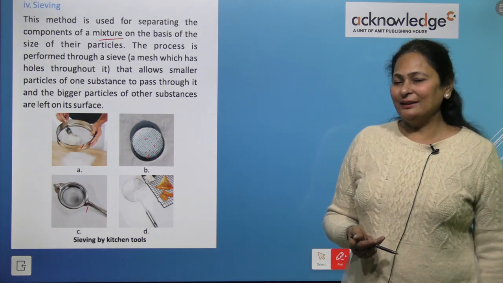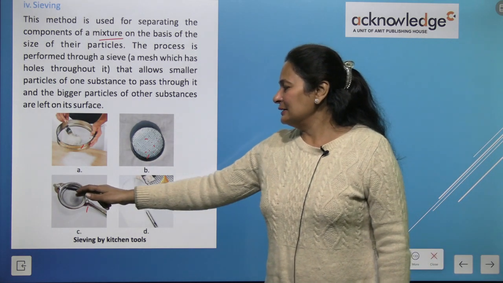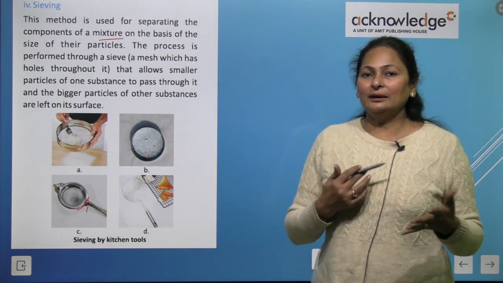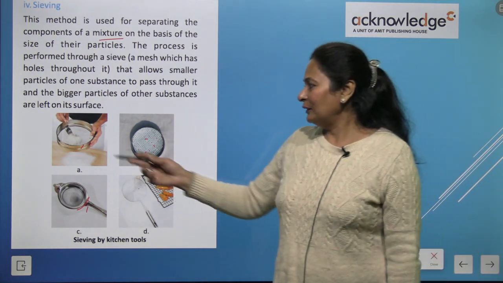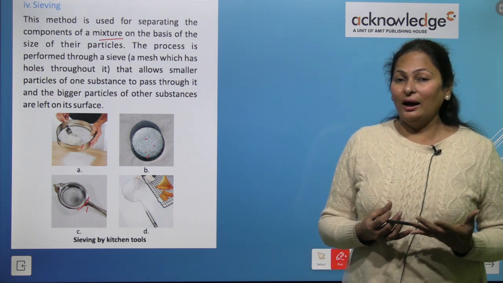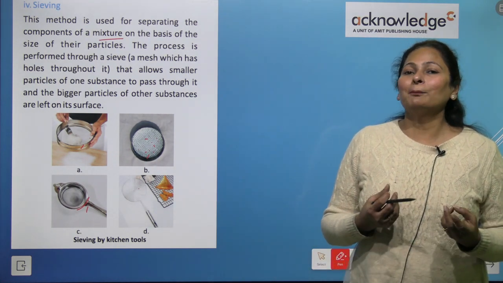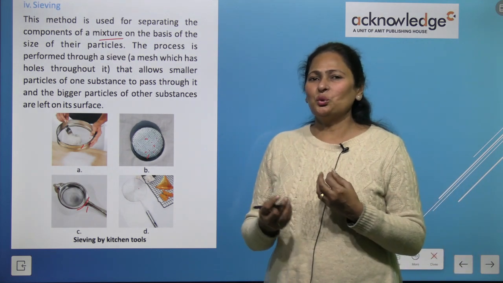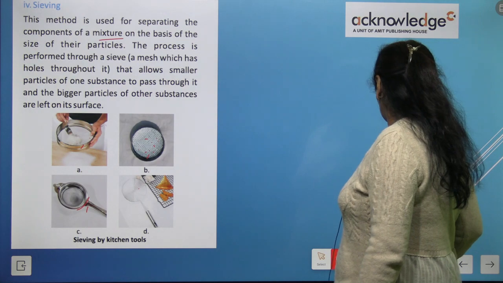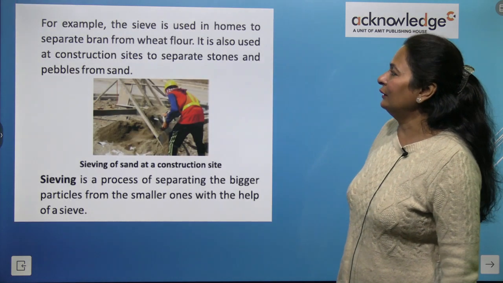Samosas are on the sieve, right? We use a sieve for separating tea leaves from the tea, and for separating flour from impurities like stones. So this is the sieving method.